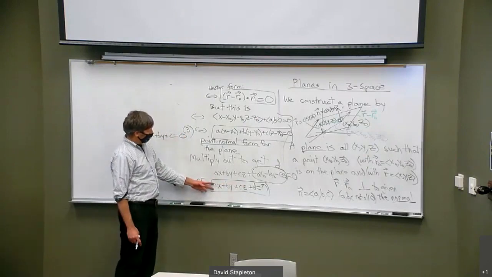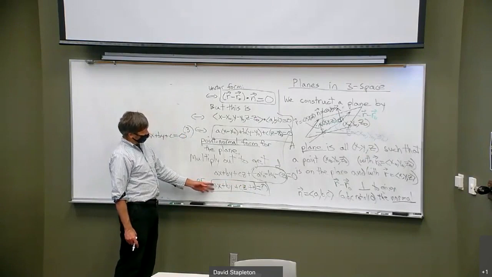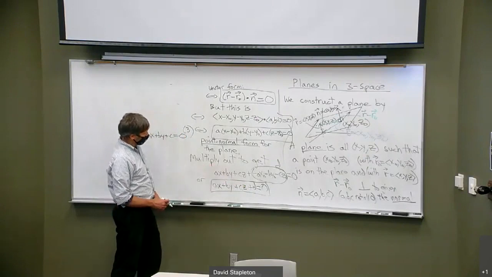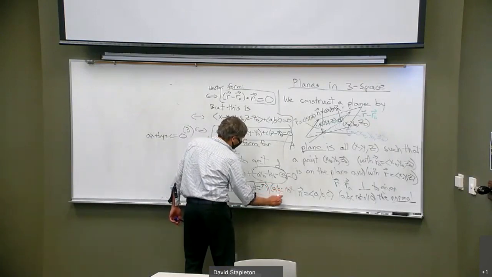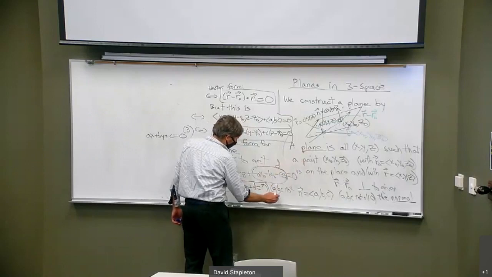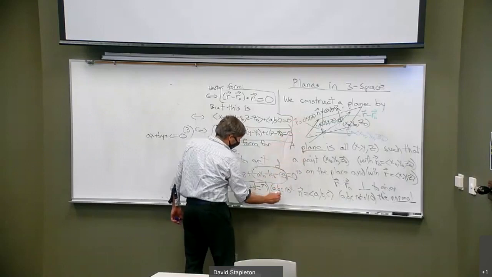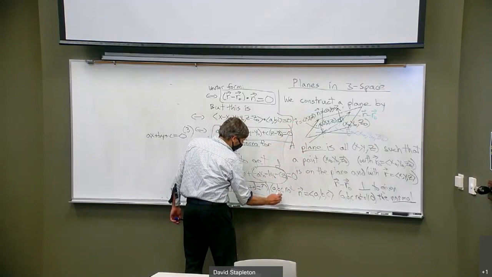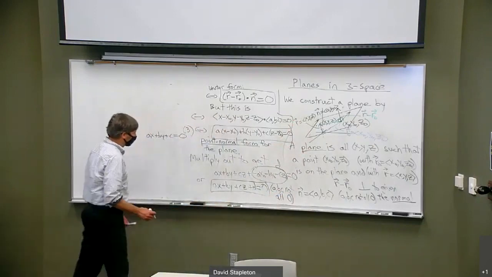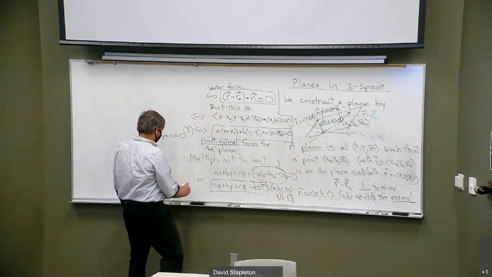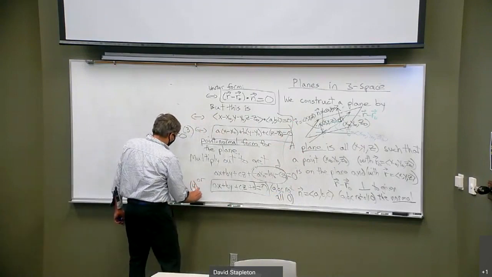Every plane has this form with A, B, C not all 0, and every equation of this form with A, B, C not all 0 is a plane. So maybe I should be clear on that. A, B, C not all 0. That was our starting point. We had to have a non-zero vector for the normal vector. At least one of them has to be non-zero. So we call this equation 4.